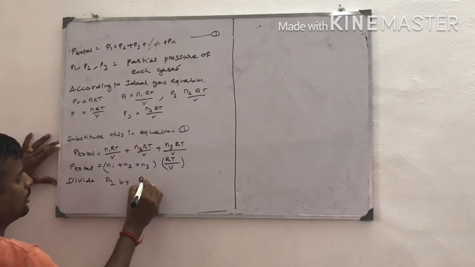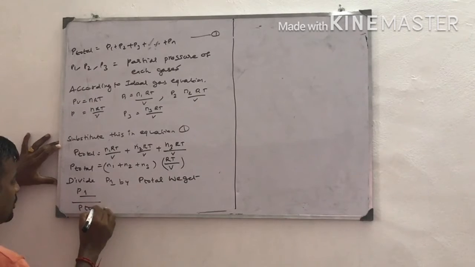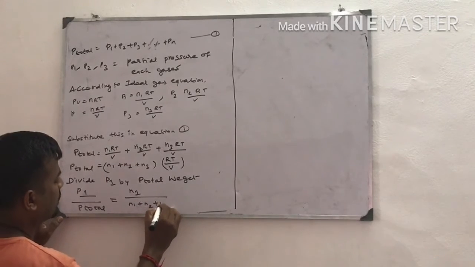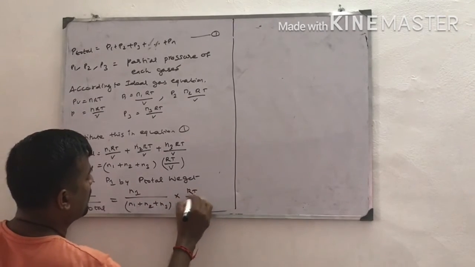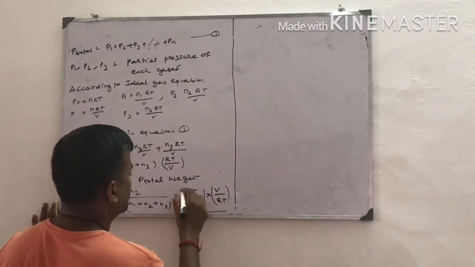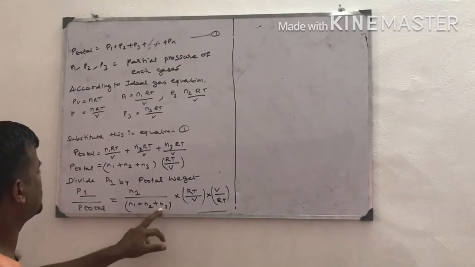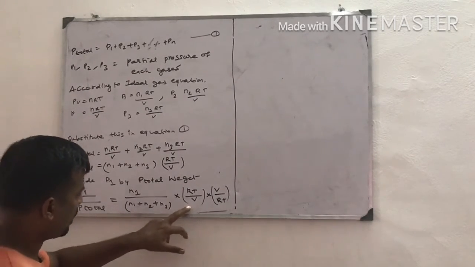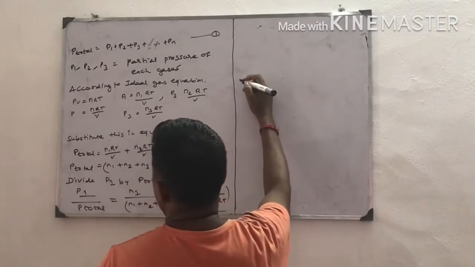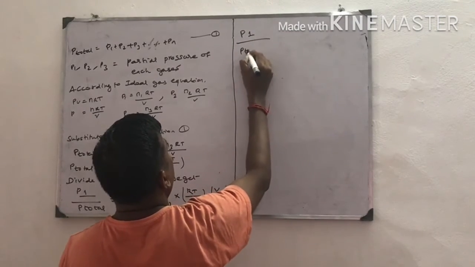After that, divide P1 by P total. We get P1 by P total is equal to n1 RT by V divided by n1 plus n2 plus n3 into RT by V. For P1 the value is n1 RT by V, and P total is n1 plus n2 plus n3 into RT by V. When this RT by V goes upstairs it becomes V by RT, so they cancel.